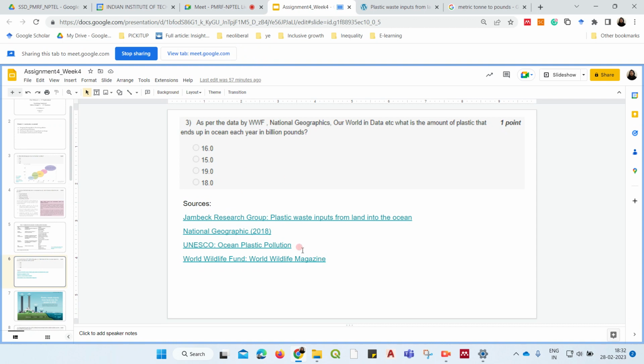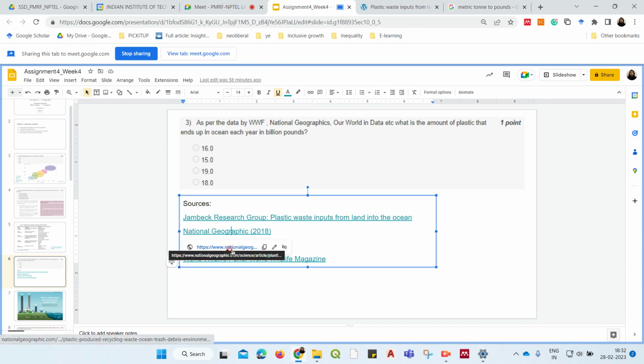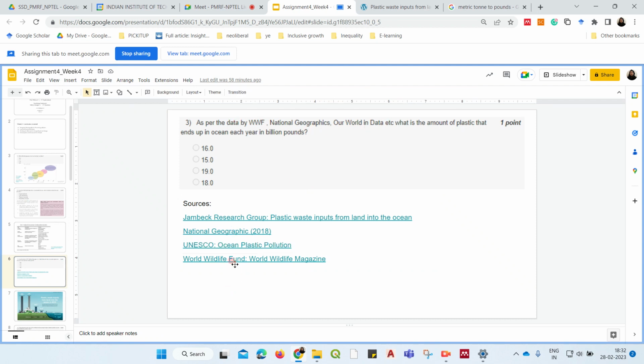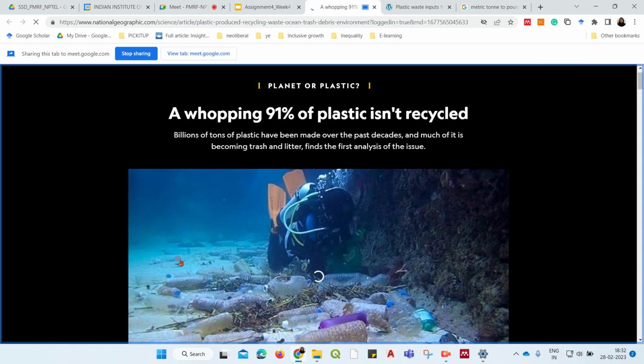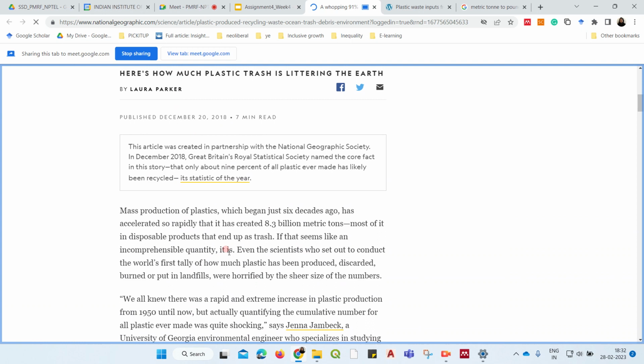So I think the answer to this question is clear. Apart from this, I have also added links to articles from different science communication websites which communicate how much plastic is going into the ocean. For example, this is the Nat Geo article.